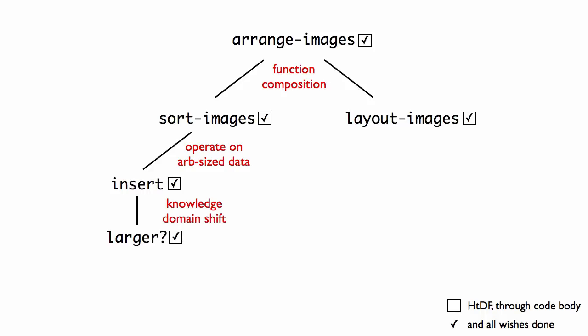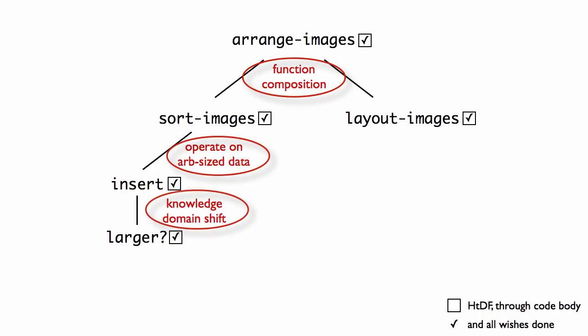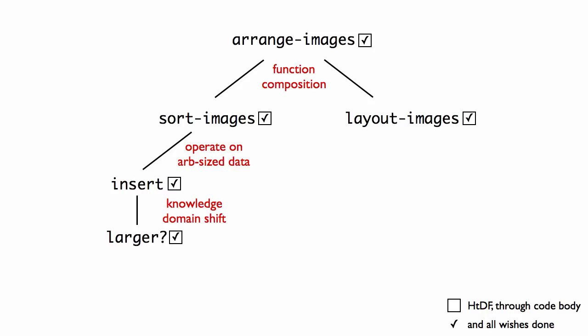So from these lectures for the first part of this week, two main lessons. One is some more helper rules, the rule about function composition, the rule about operating on arbitrary sized data, the rule about a change in knowledge domain. The other is this more macro notion that very often when we design more complicated functions, we end up having to design a bunch of helper functions as we use different helper rules to split the work of the main function out.